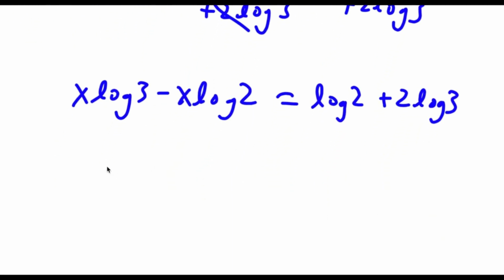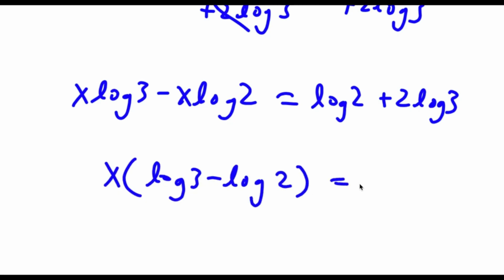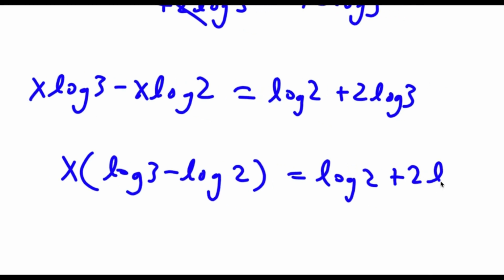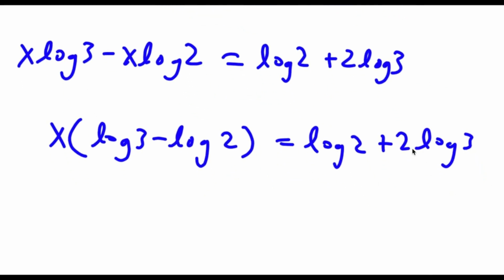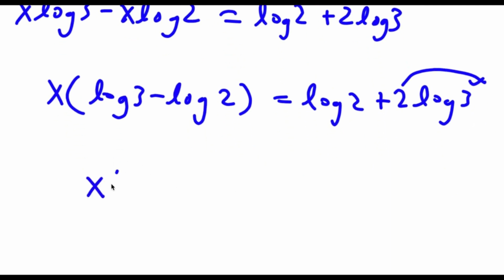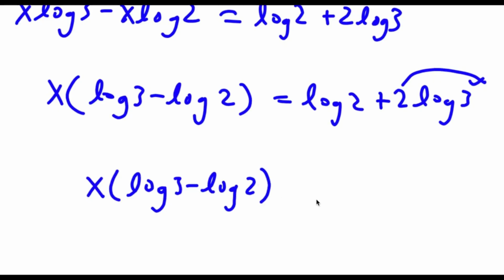Now if I factor out x from here, I have x times (log 3 minus log 2) is equal to log 2 plus 2 log 3. And 2 log 3, remember how I can just bring this to the front. So now I have x times (log 3 minus log 2) is equal to log 2 plus log 3 squared.